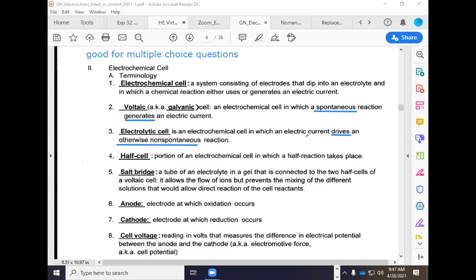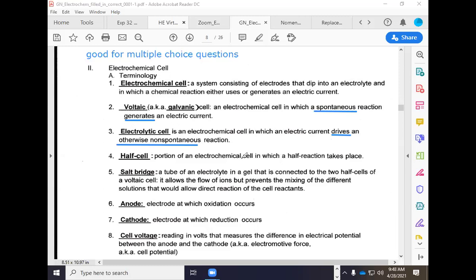So it's completely different. You're providing energy to make the reaction go, and the energy is in the form of electric current. Whereas this one was in the video. And we're going to look at both of these.